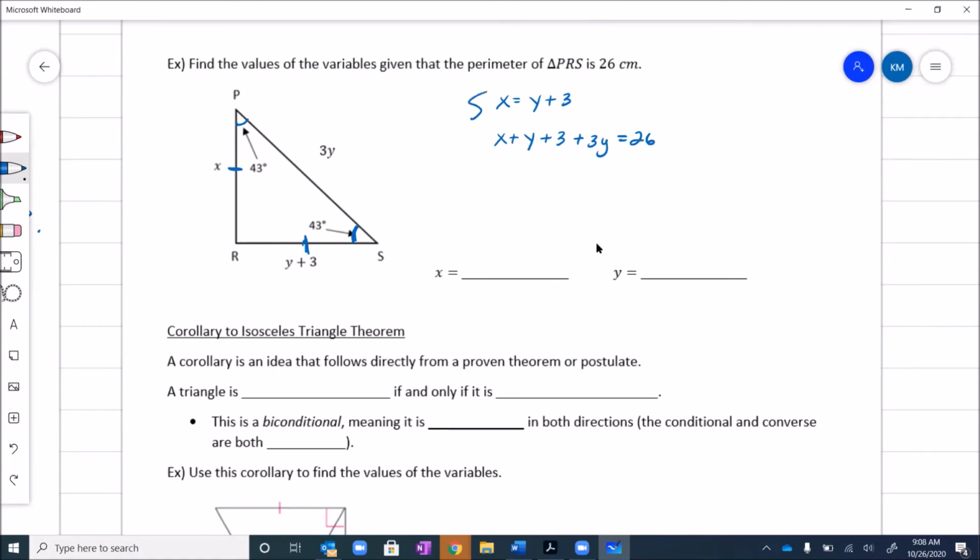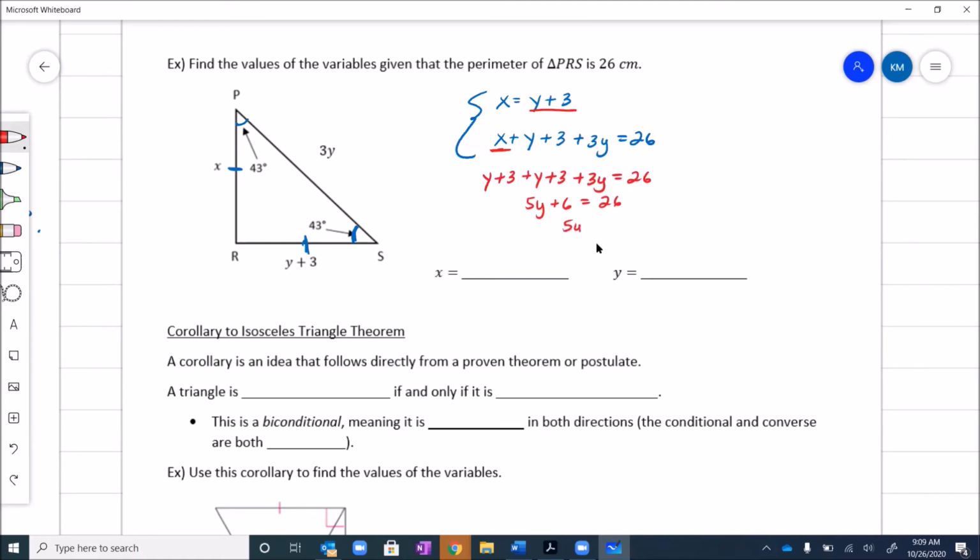Now, it's a system of equations because there's two variables and we can't really solve either of the equations by themselves, but hopefully we can see that X is the same as Y plus 3. In the second equation, if I substitute Y plus 3 for X, then this becomes an equation that's solvable because now I only have the variable Y. And so 5y plus 6 equals 26.